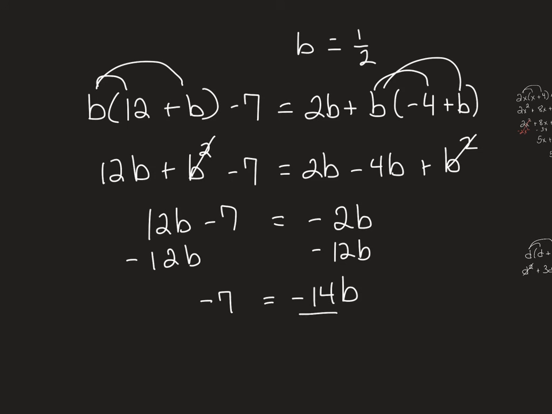Divide both sides by negative 14. Remember, a negative divided by a negative becomes a positive. We always simplify our fractions. 7 goes into both of those, the numerator and the denominator. Goes into the numerator once, the denominator twice, and we get b equals 1/2.